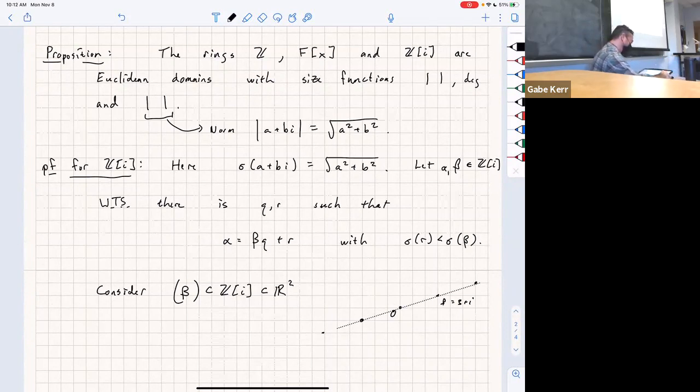If you multiply beta by i, you'll get other points, this rotated by 90 degrees, this point here, and so on.